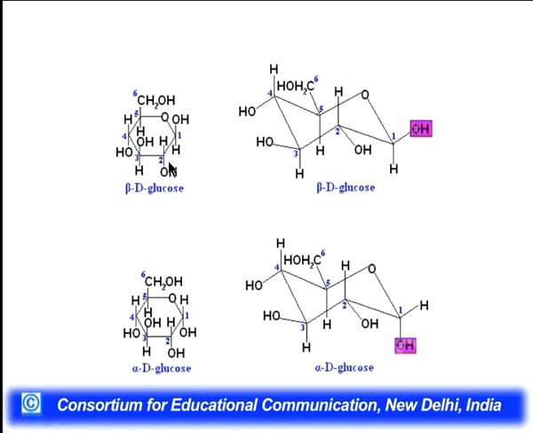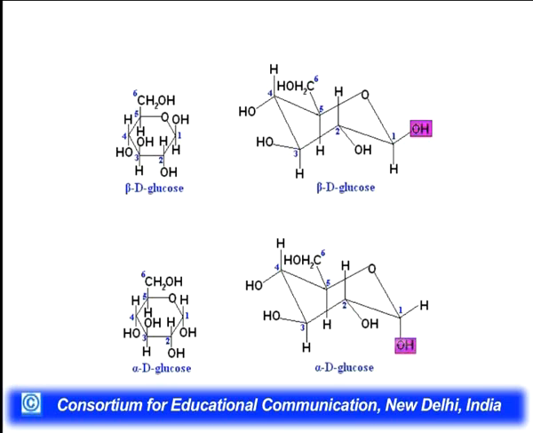The second point to keep in mind is that these anomers are diastereomers, that is, their properties will be different. As I have already said, the melting point of beta D-glucose is 150 degrees, whereas that of alpha D-glucose is 146 degrees, and the value for the optical rotation is also different.